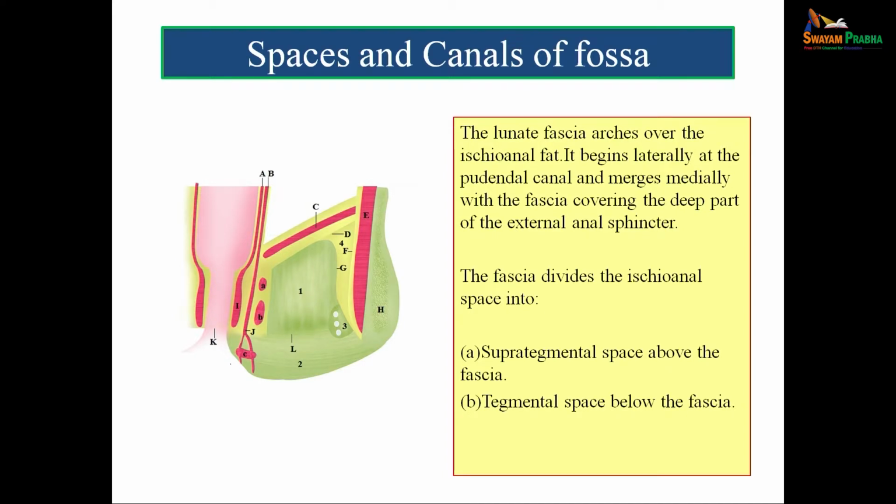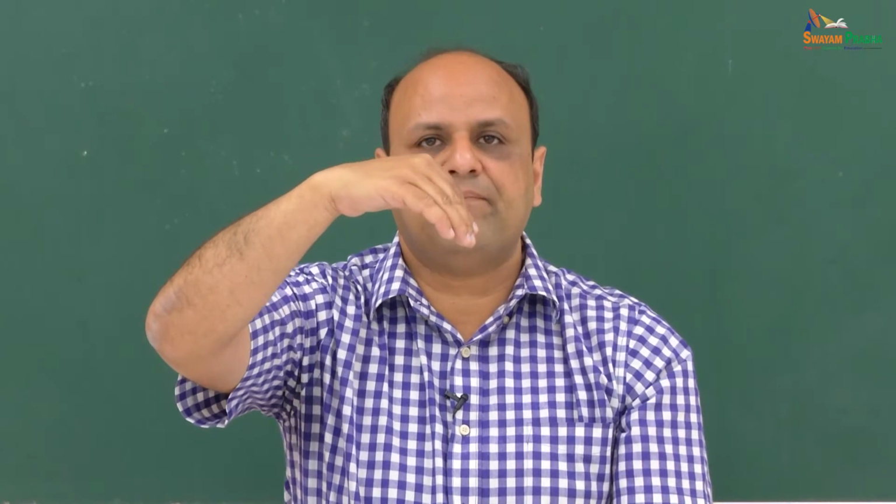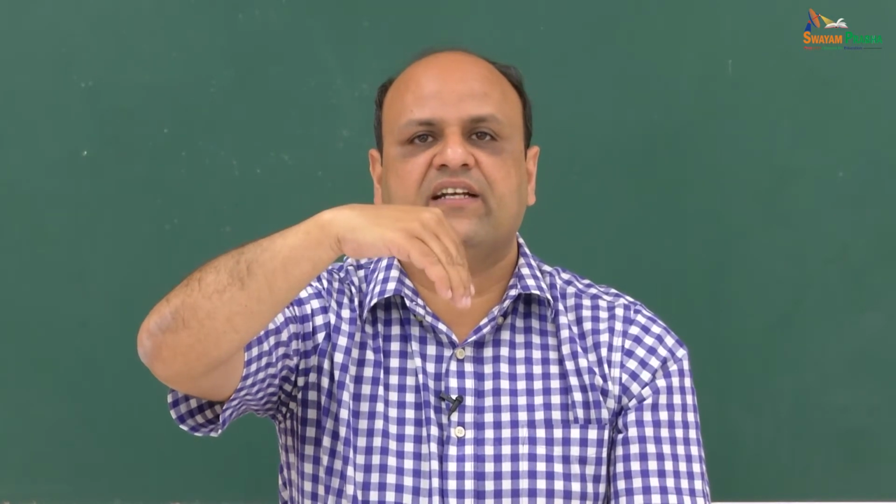On the lateral aspect of the ischioanal fossa is the pudendal canal. From there the lunate fascia goes up and merges medially with the fascia covering the deep part of the external anal sphincter. This is marked by G in the figure.